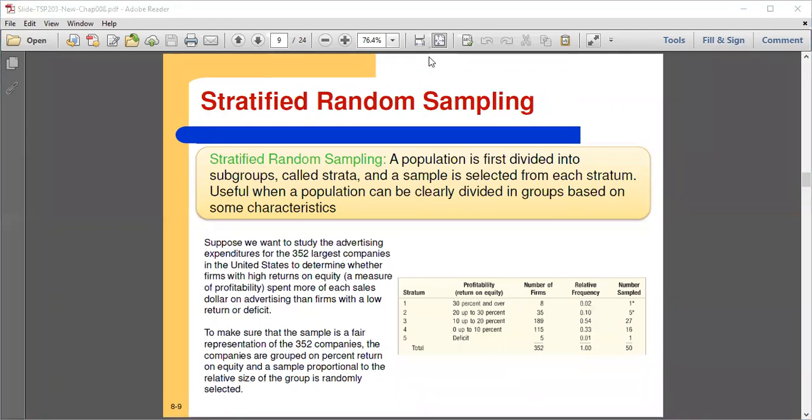So here we have stratified random sampling. A population is first divided into subgroups called strata.